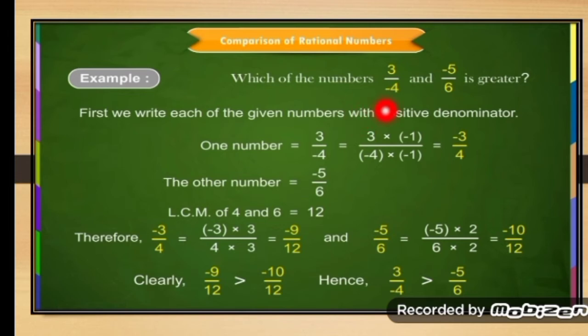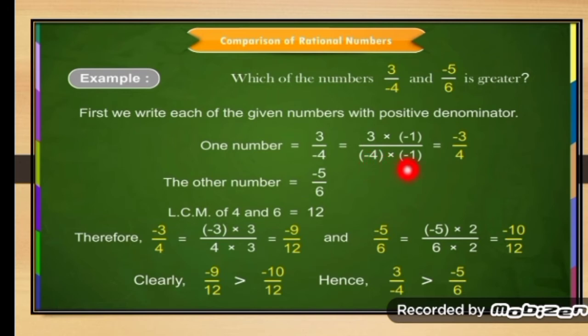Now see the next example. In this example, we have to tell which of these rational numbers is greater. You can see that here the denominator of this rational number 3 by -4 is negative. So according to step 1, we will make this denominator positive. To make the denominator positive, we will multiply both numerator and denominator by -1.